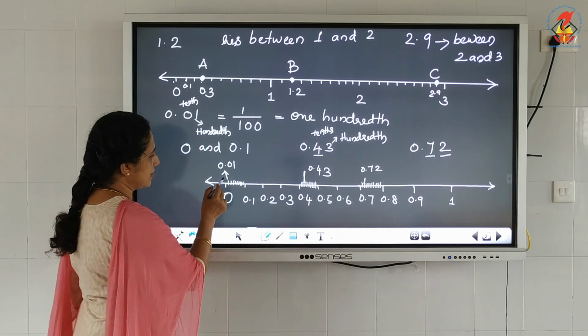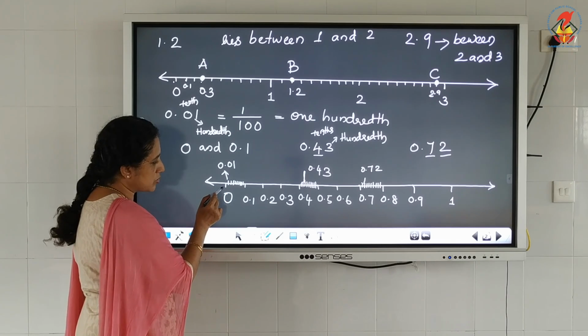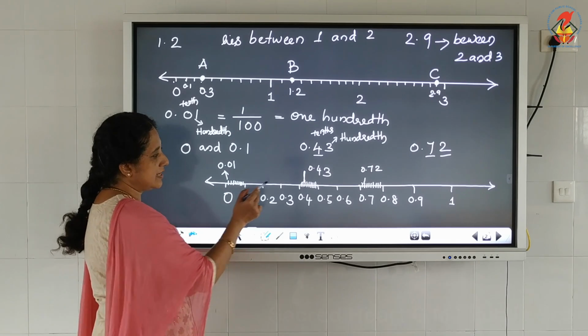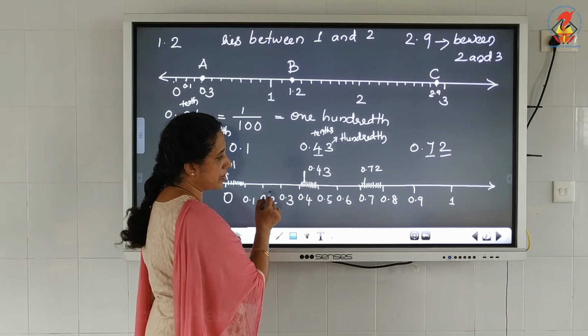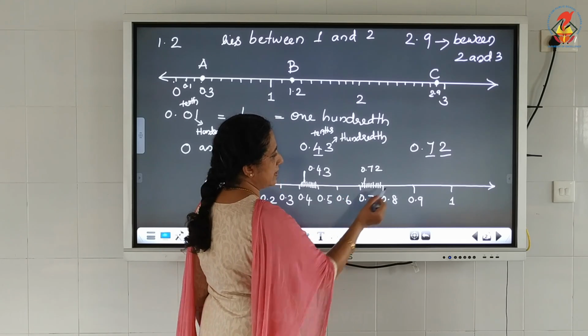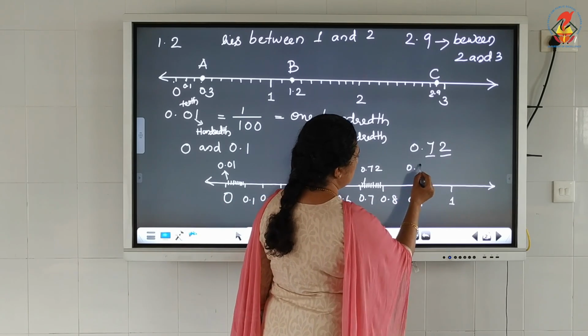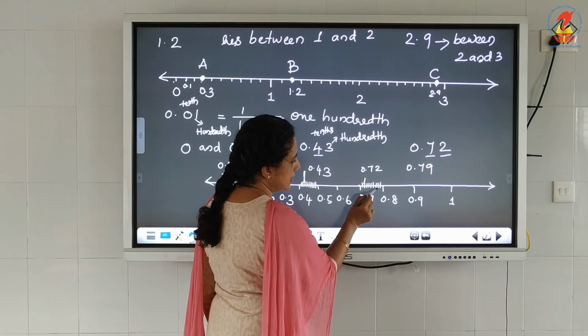Now consider the decimal number 0.01. It is closer to 0. Then 0.43 is closer to 0.4. 0.72 is closer to 0.7. Suppose you are taking 0.79, now look at that.